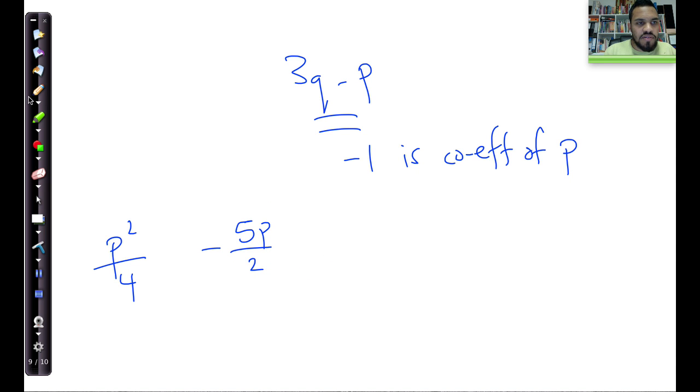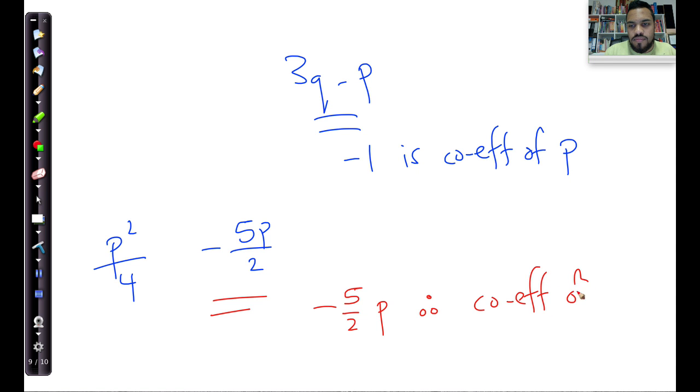In this example over here, and this is a tricky one because you need to know how to factor this. When you factor this, you will find that that is just minus 5 over 2 multiplied by p. Therefore, the coefficient of p is negative 5 over 2.